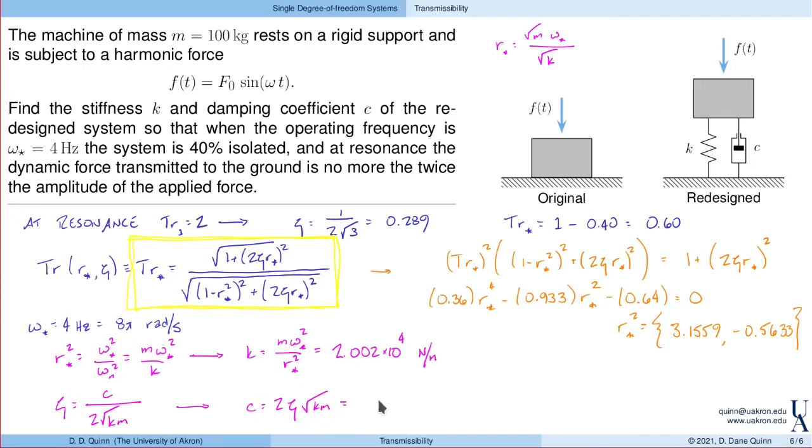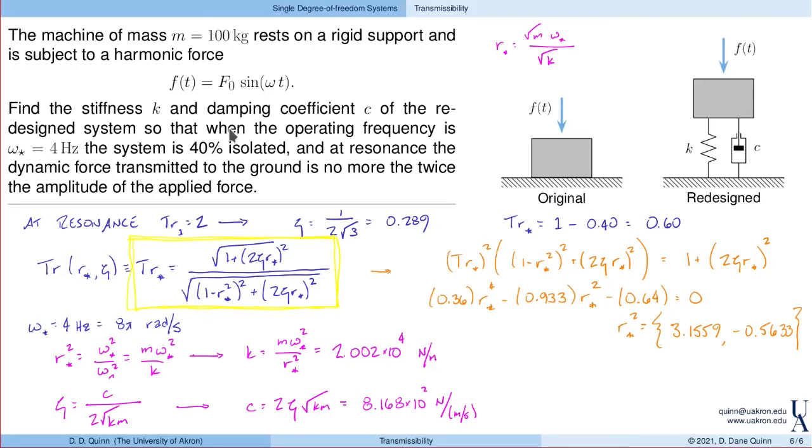And using these values, we end up with c is 8.168 times 10 to the 2 newton-seconds per meter. Those are the right units for damping. So we've done it. Given these desired conditions, our design goals, we've found the stiffness and the damping that meets these requirements.